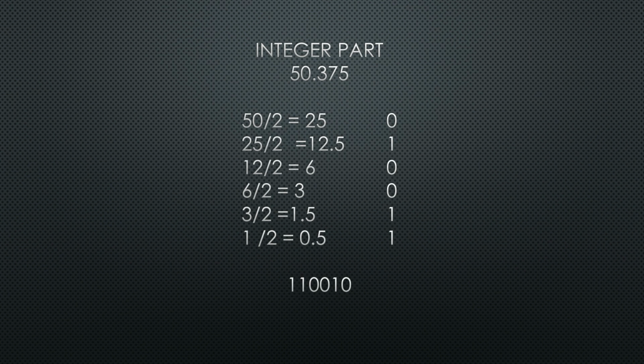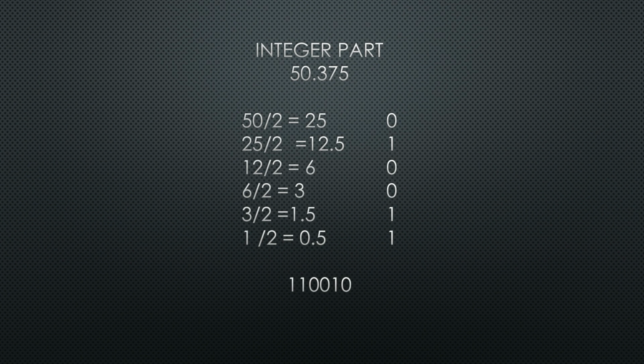For example, 50 divided by 2 is 25, with no fraction. 25 divided by 2 is 12.5, which has a fraction of 0.5, so we put a 1. And now we're only going to use the integer part, not the 0.5. We're going to use just the 12 divided by 2, equal to 6.